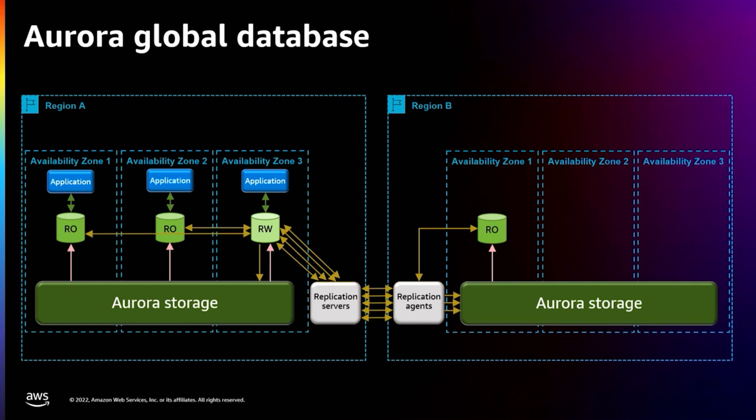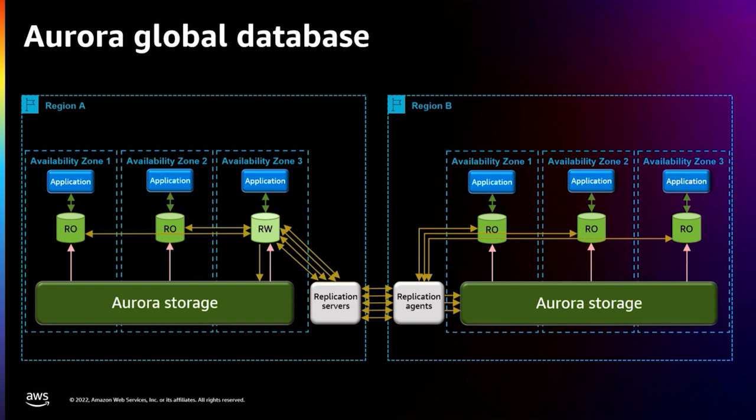But you can also create read replicas if you want a very low RTO, or you need read capabilities on the DR side. And the process is very similar. The log records get replicated and update the cache or shared buffer. You can have up to 16 read replicas in the secondary region, and up to 5 regions, so a total of 90 read replicas to scale.